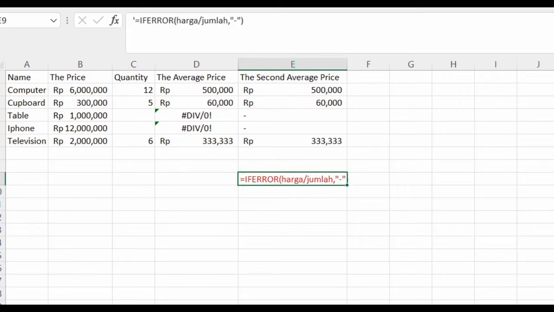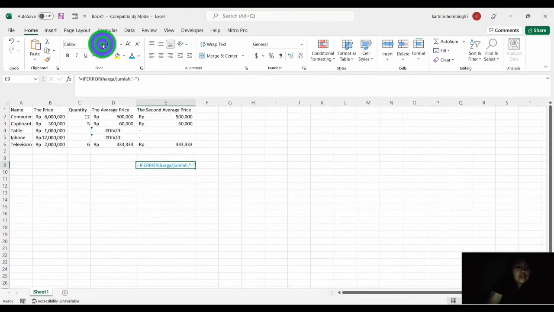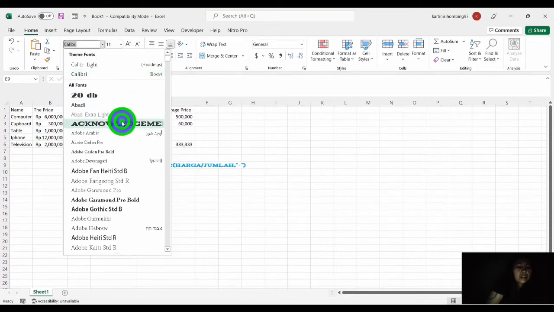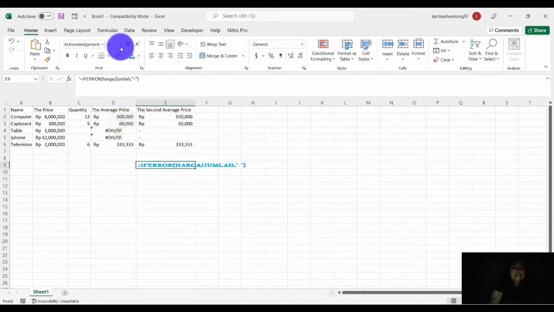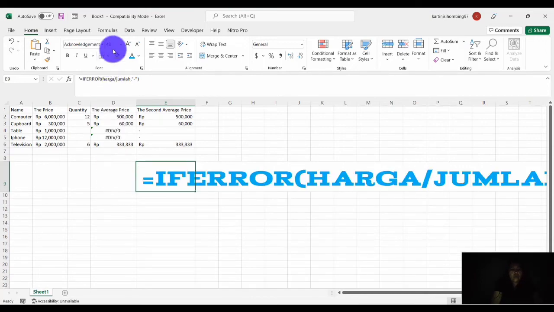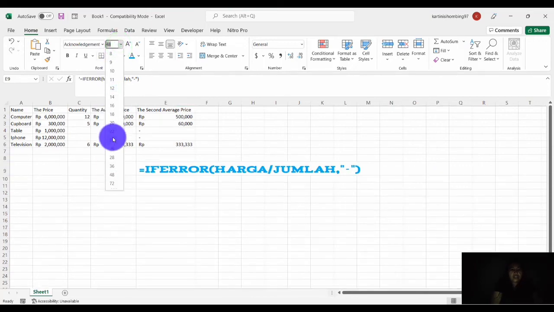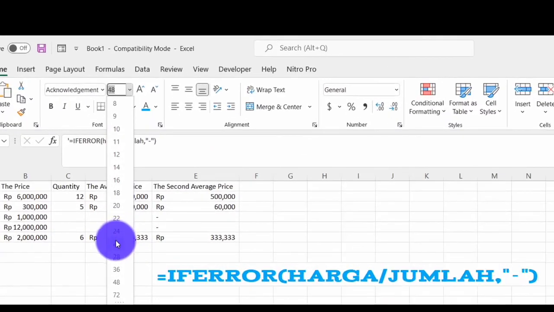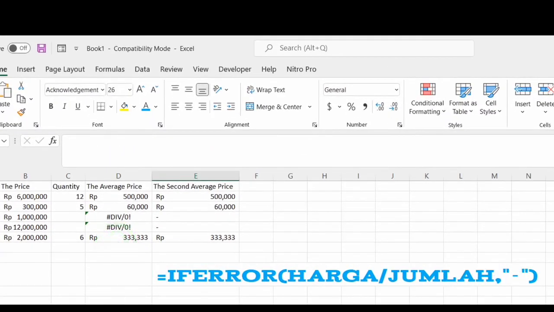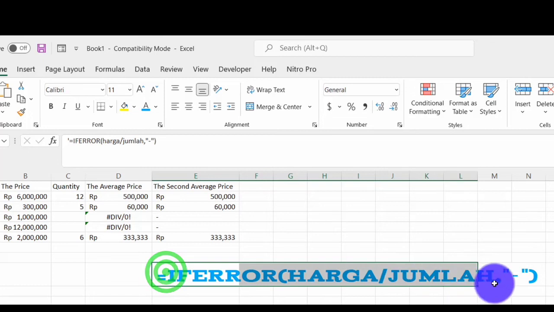Yeah, you can see. I will make it in the blue alphabet. You can see it. Oh, it's good. This is the pattern.